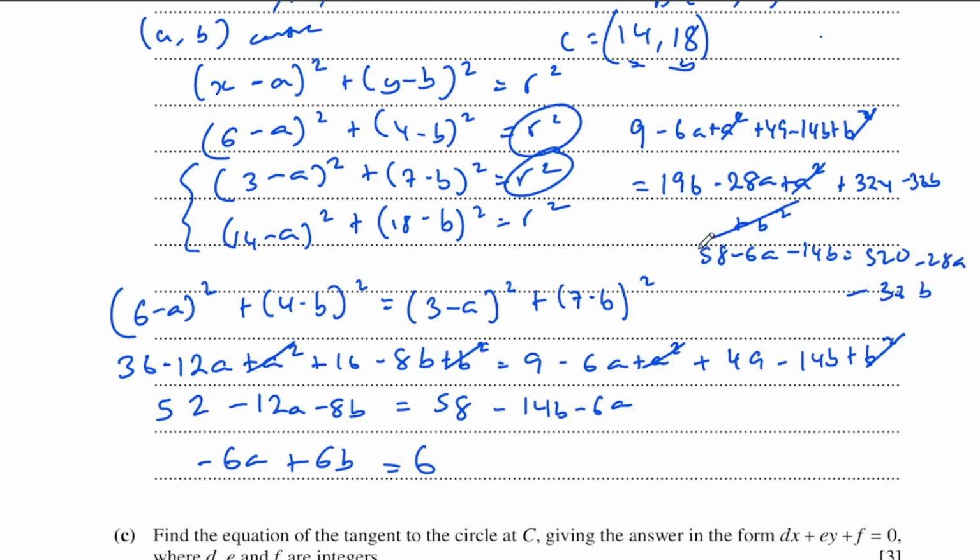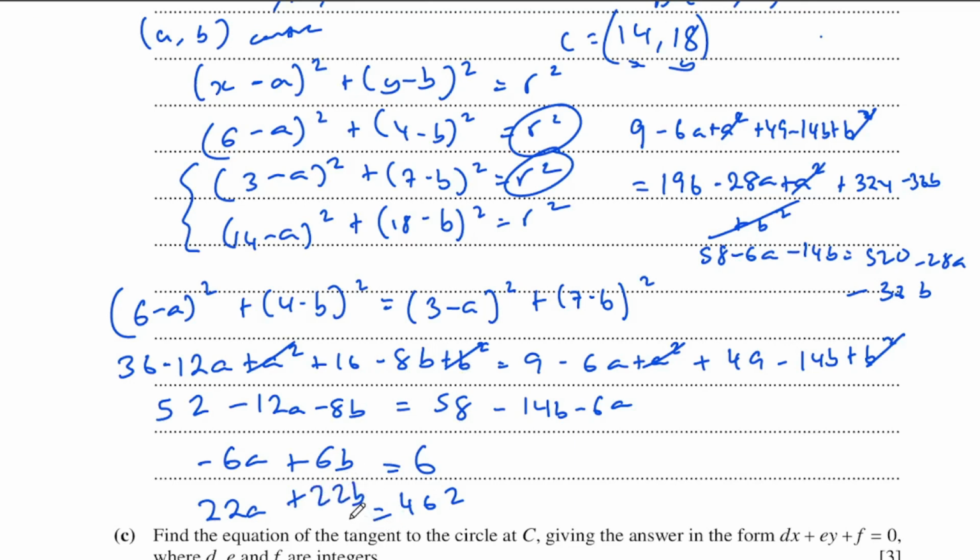Keep them all on one side. 520 minus 58, we end up getting 462. That's equal to, bring this to the other side, so negative 6 plus 28, which is 22a, plus negative 14 plus 36, which is 22b as well.